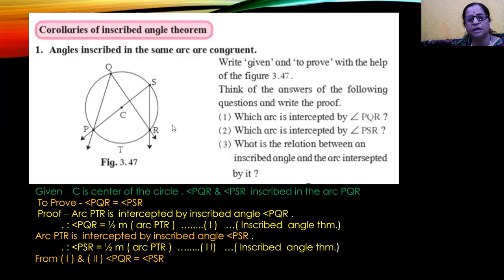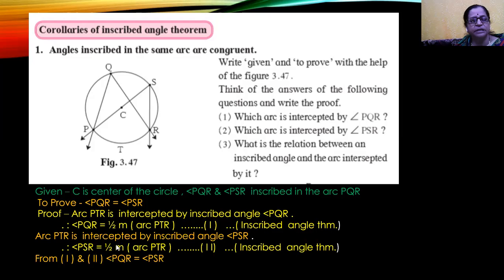We have to prove that angle PQR is equal to angle PSR. Proof: arc PTR is intercepted by inscribed angle PQR, so angle PQR is equal to half the measure of arc PTR, by the inscribed angle theorem. This is equation 1.